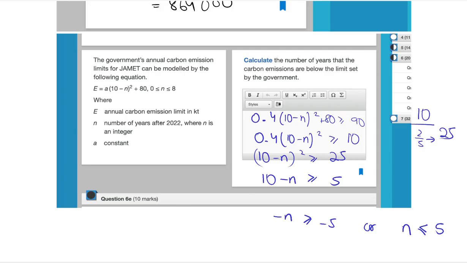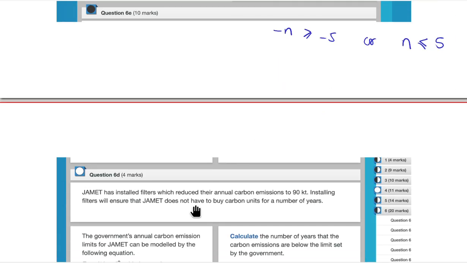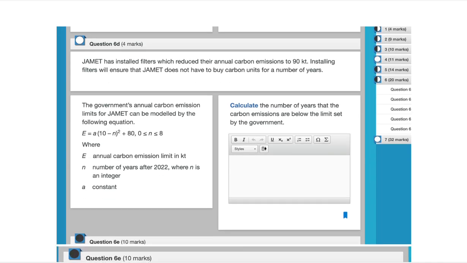Okay, so 5 years would be the limit. So that goes on up till the number of years is from 2022 till 2027. So 2022, 2023, 2024, 2025, 2026, 2027. From 2022 to 2027, that's a total of 6 years if we count 2022 as well. So that would be your answer.